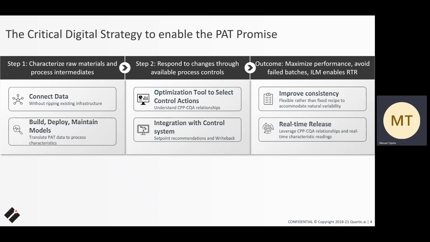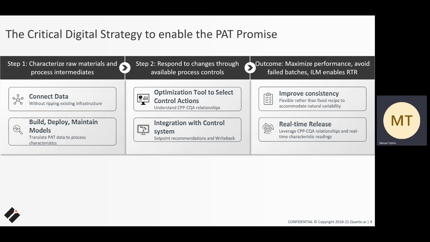How do we find what those responses are? That may be an optimization algorithm on top of your machine learning models recommending control actions. And we then need to somehow send those actions back to the actuators, so integrate with control systems.